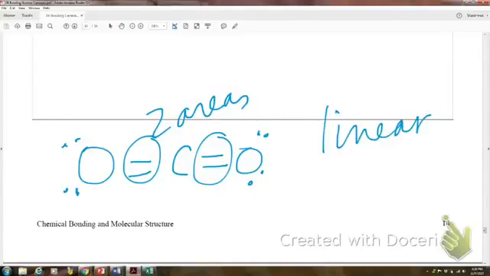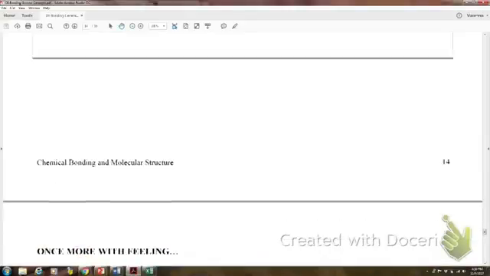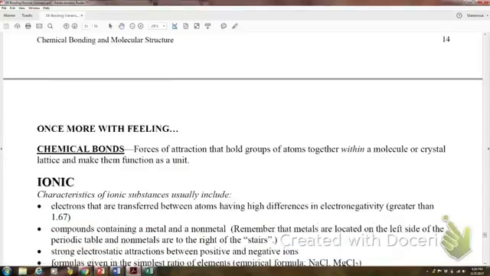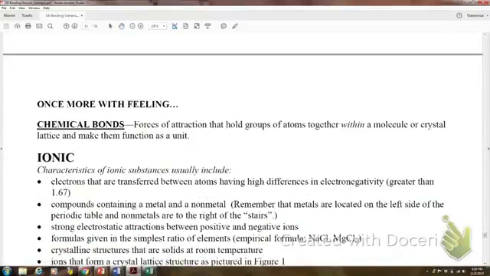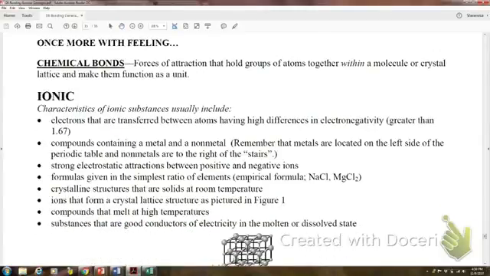All right, I think that this is going to be about almost the end of the lesson so that you can do your homework. Sorry it's so long, but like I said, we're up against a deadline. This is just recapping some of the characteristics of ionic bonds and covalent bonds, so I'm going to let you read through that very quickly because, quite frankly, you can read, and I don't need to read to you.